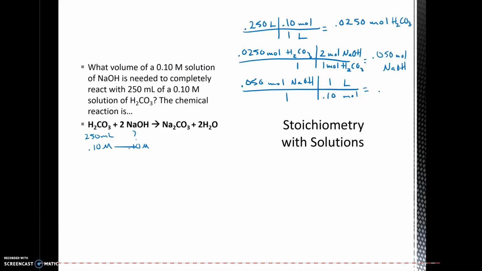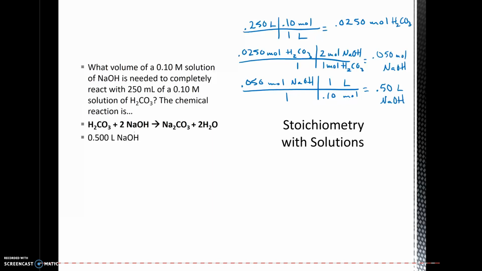So when we divide by 0.1, we're going to get 0.50 liters of NaOH. I messed up the unit there, I'm sorry. And that would be your answer for that one.